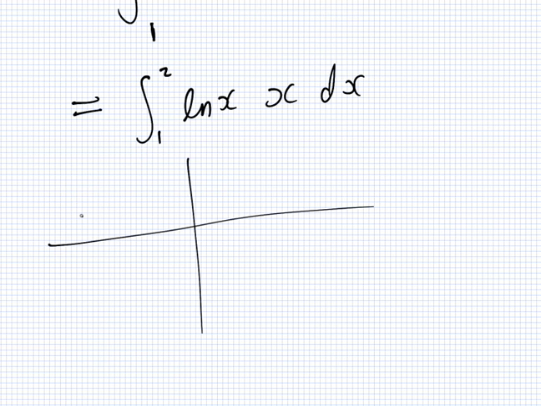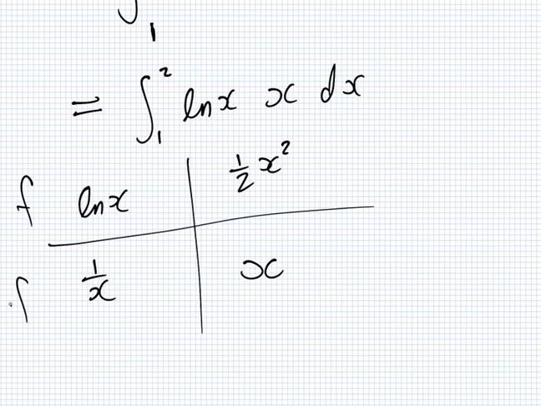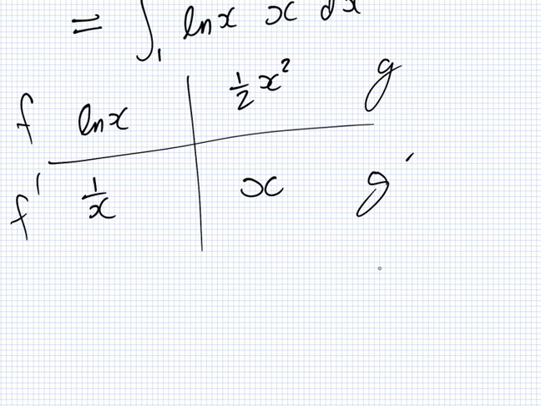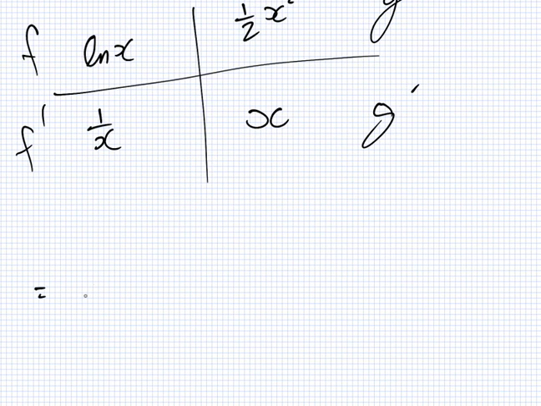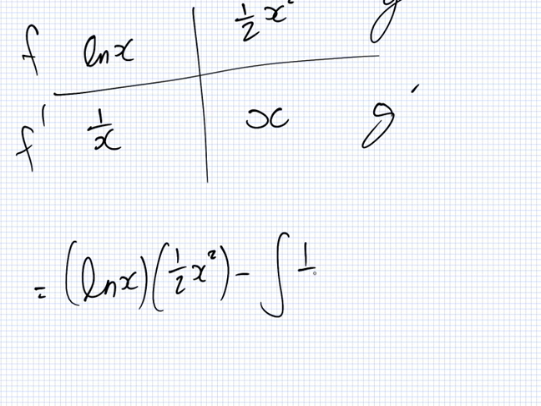So this is f, derivative, g, derivative, and so here should be a half x squared. f derivative, g derivative. Okay, so if we use our formula now, this is fg minus f derivative g.